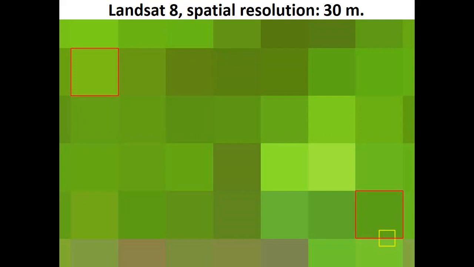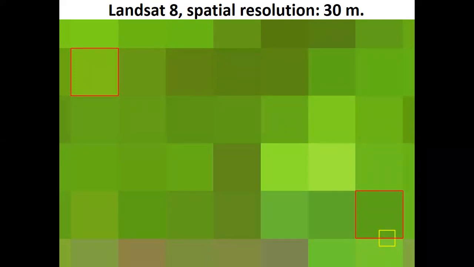So for each Landsat pixel in the red boxes, the signal is summarized from different types of trees and part of the open grassland space.